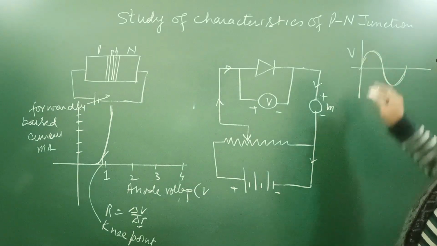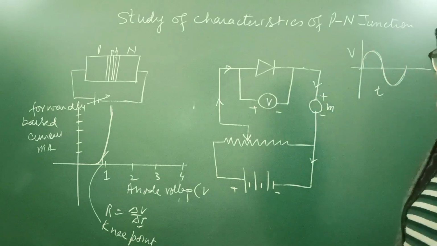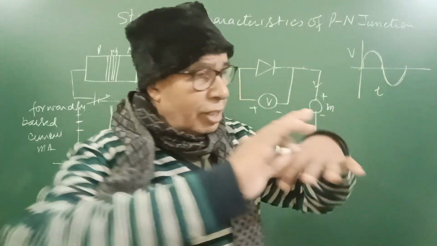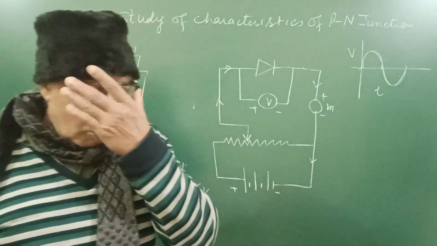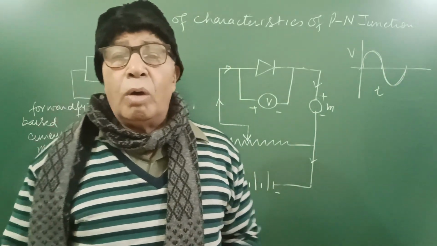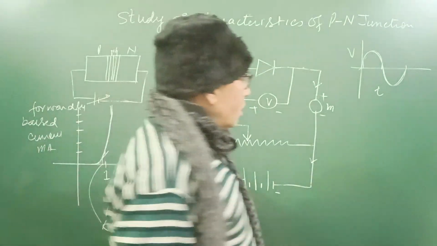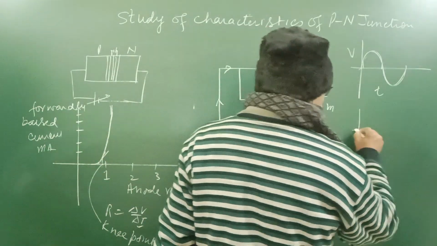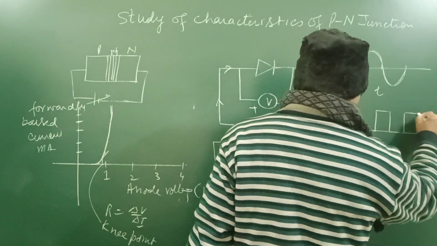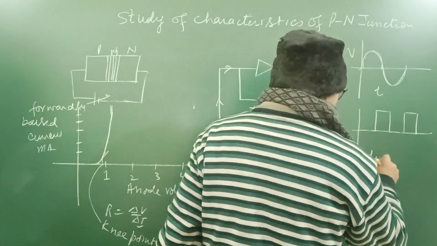In that, small values of voltage may not be sensed by the sensor, so the signal becomes weak. To avoid this, we use a digital signal. Voltage remains either 0 or maximum. This is our digital signal.